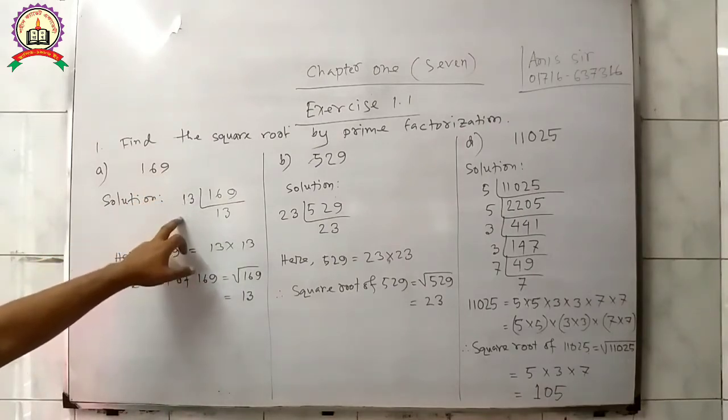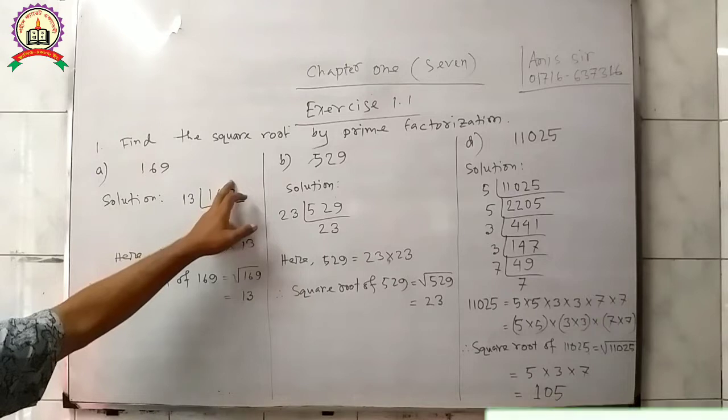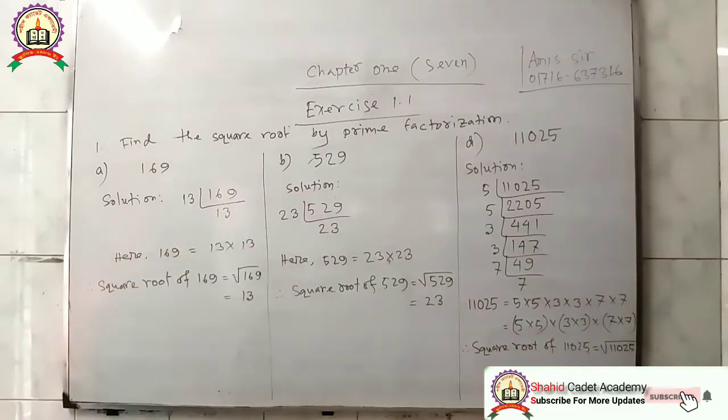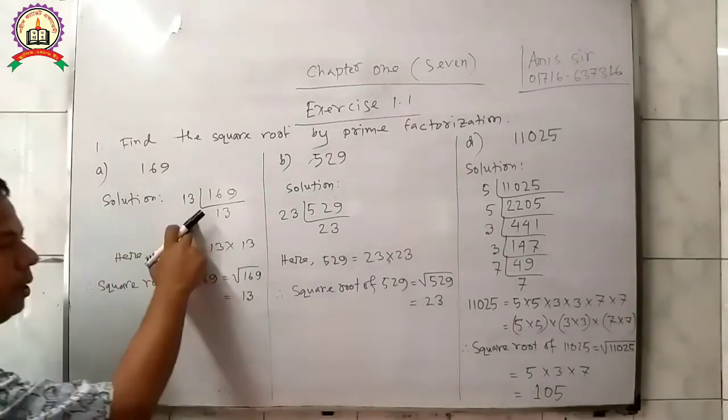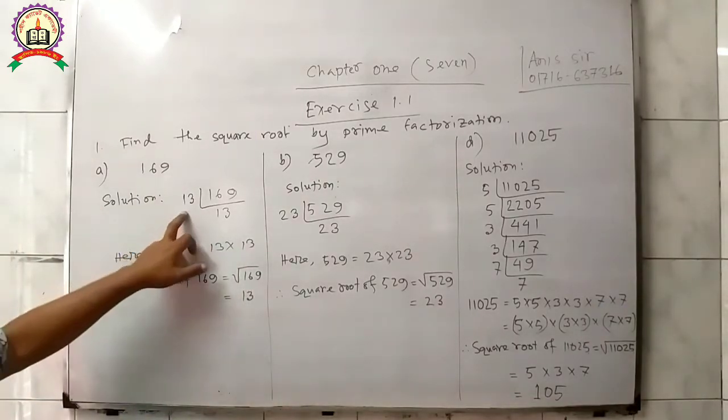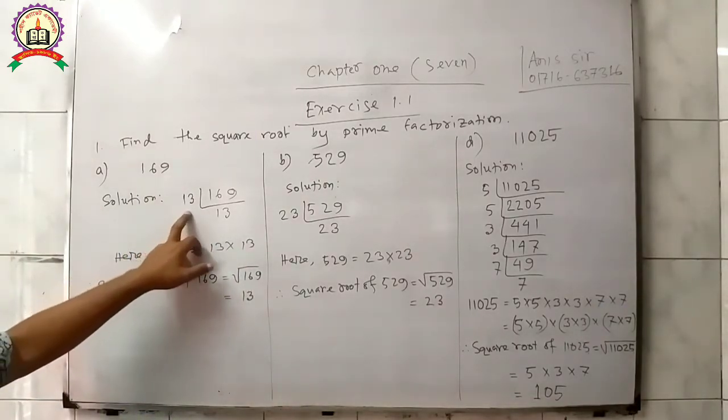So 169, by the Euclid method, now finding prime factors.